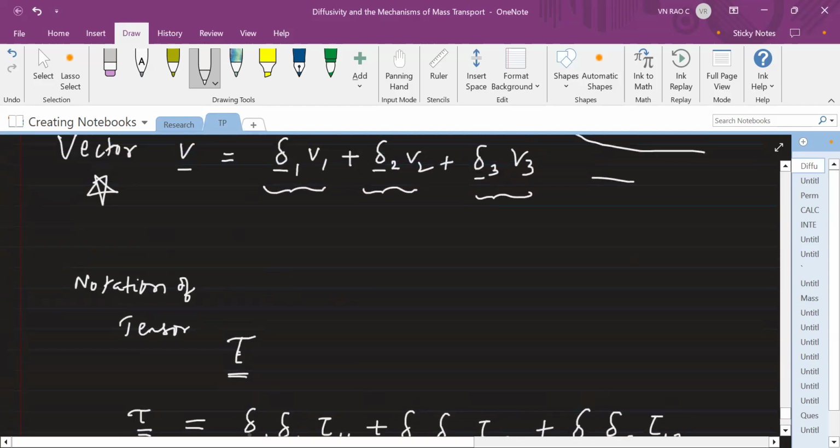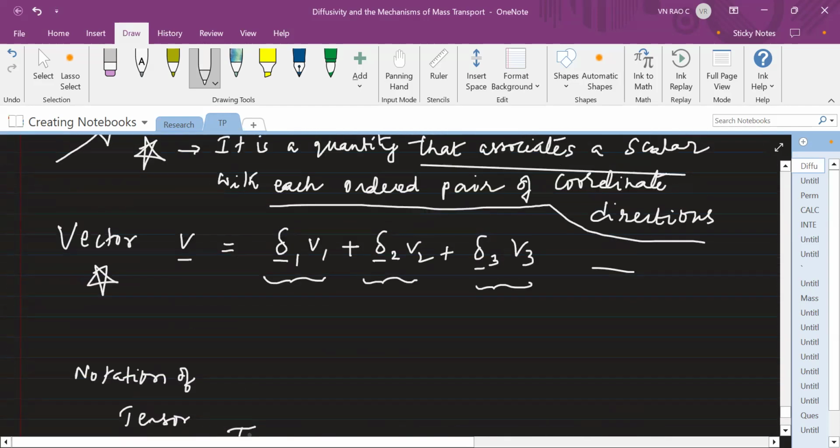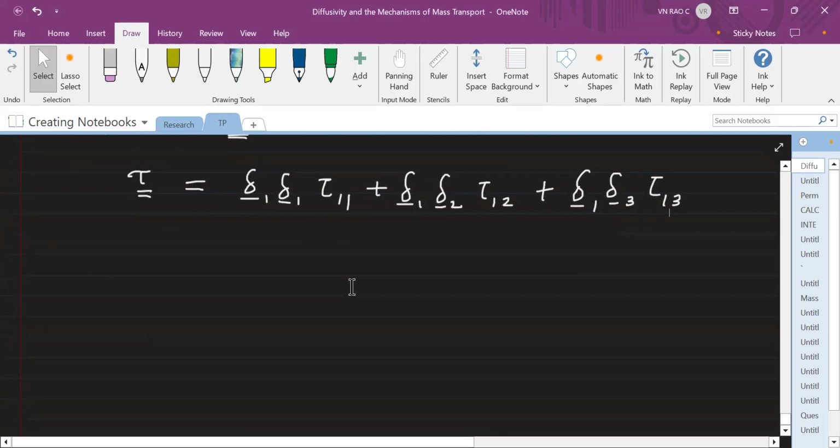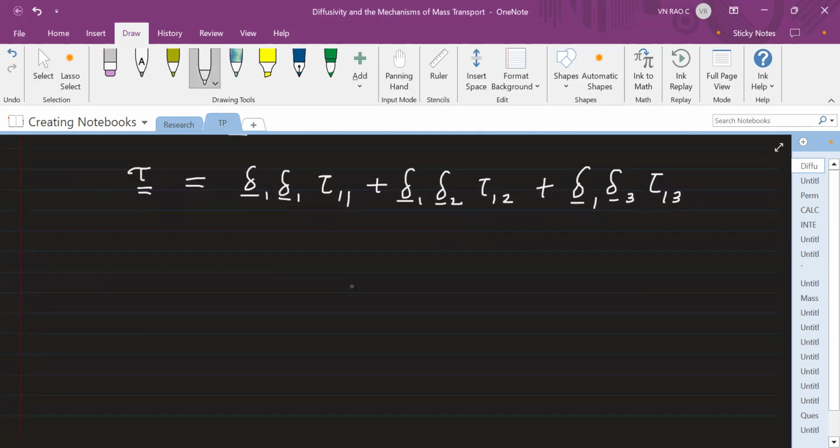See now the terms, in the vector there is only one Kronecker delta, but here there is a dyadic product. Okay. Again, let us see that the definition is not complete. I am trying to write tensor in terms of components. Next one is delta 2 delta 1 tau 2 1.